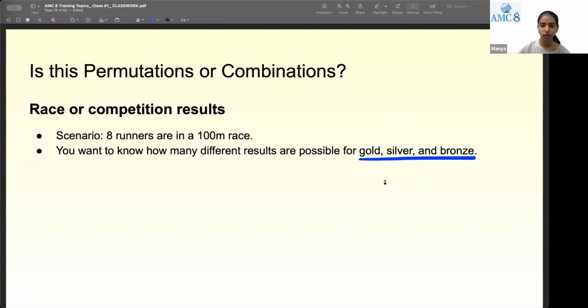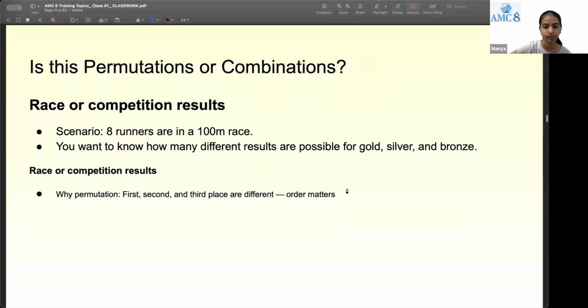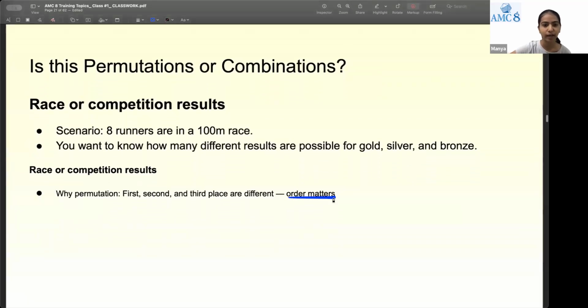The order would matter because gold, silver, bronze is not the same as bronze, silver, gold. If they're just asking for the top 3 or to choose 3 winners to win this race, then it would be combinations. But now they're asking for gold, silver, and bronze, meaning that it would be permutations. Once again, the order matters.